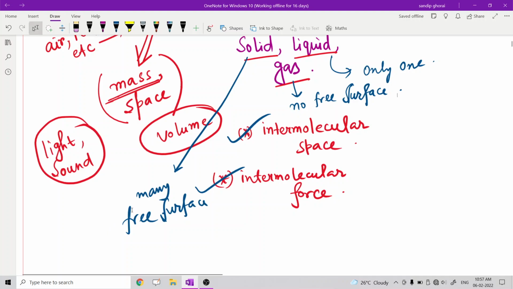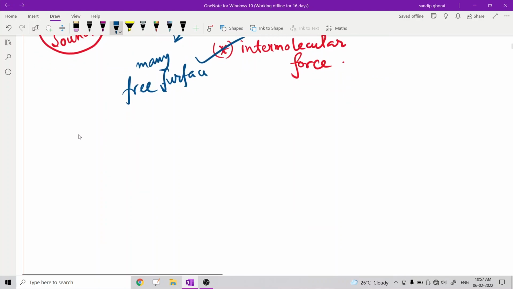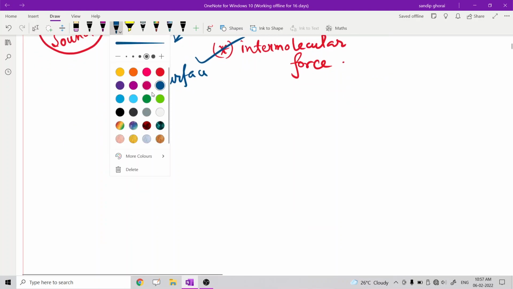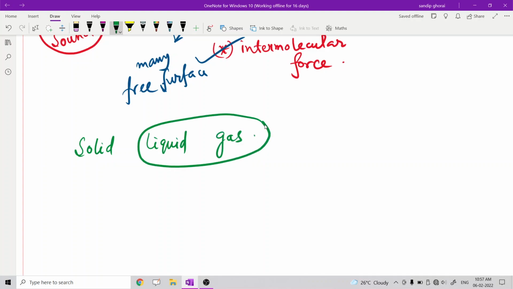Now we move to the next point, the characteristics of solids. If you think about fluidity, liquid and gas are called fluids.